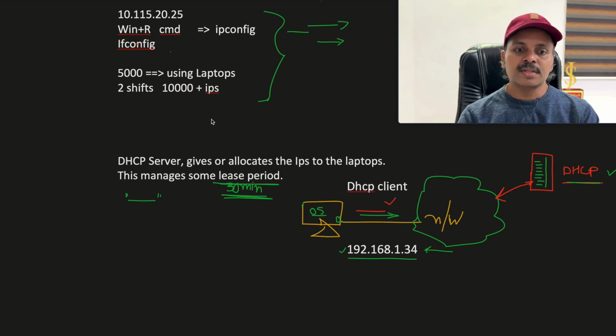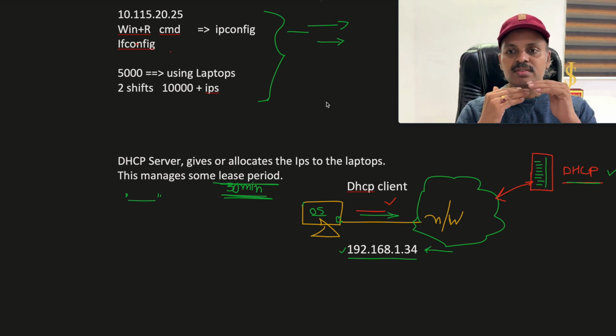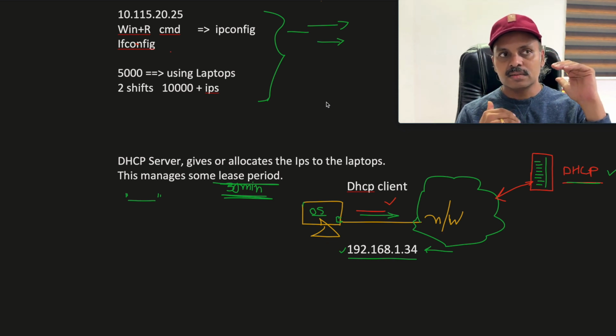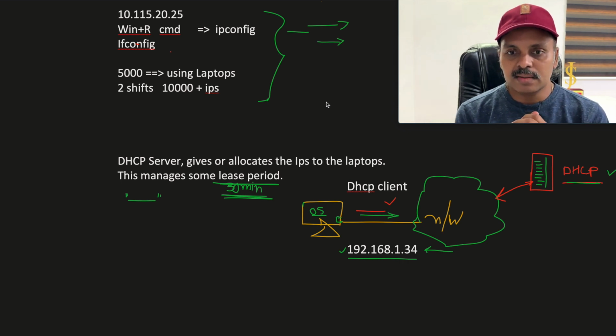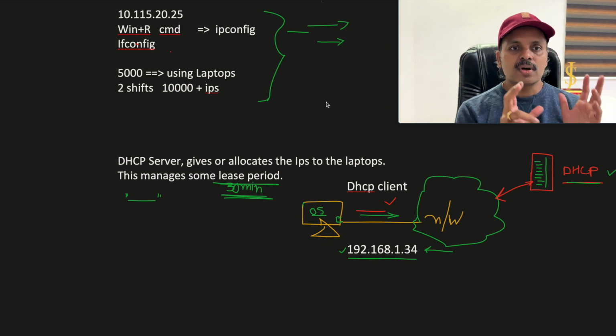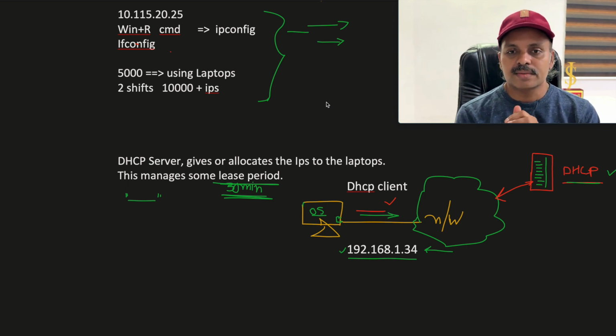Especially in cloud or any latest environments, where you can create hundreds of virtual machines in no time, certain machines don't get an IP address. That means your network does not have the required number of IP addresses. That concept falls under this DHCP concept.